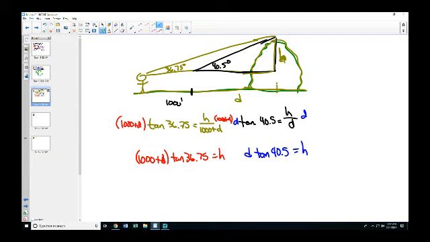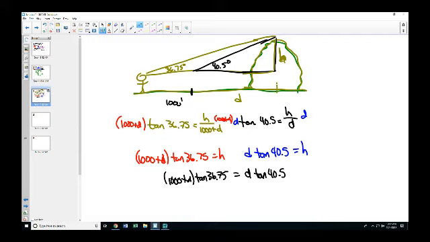Can you plug in the second one where H is? They're both H, so we can set these equal to each other. Now the H is gone, and we can solve for D, correct?